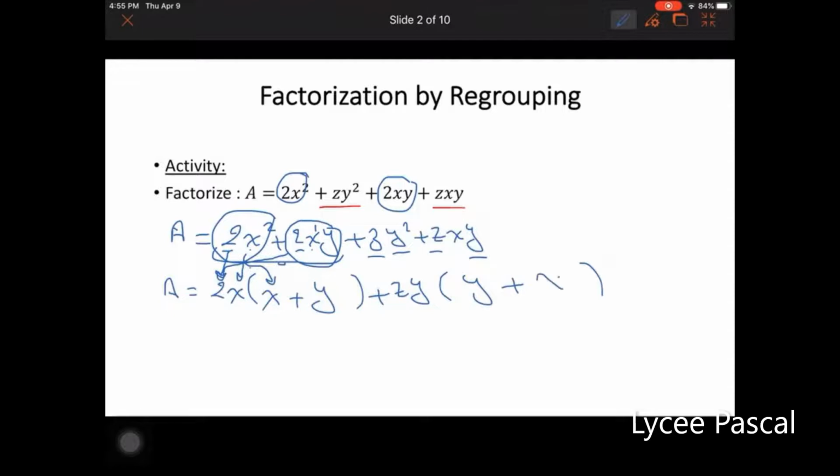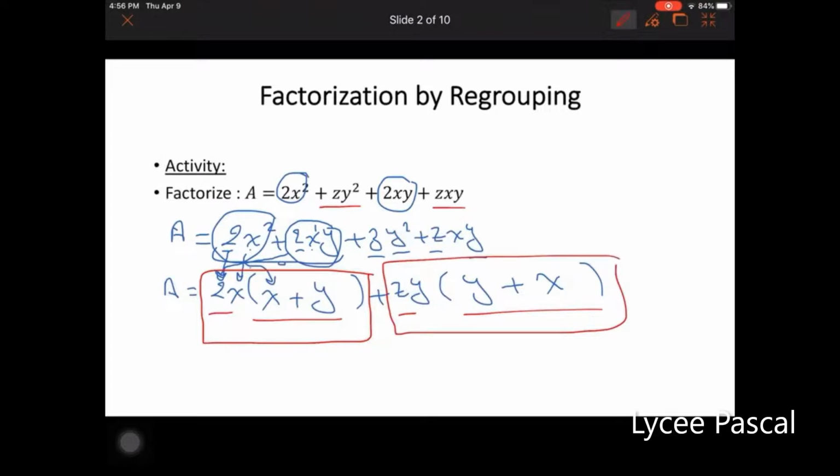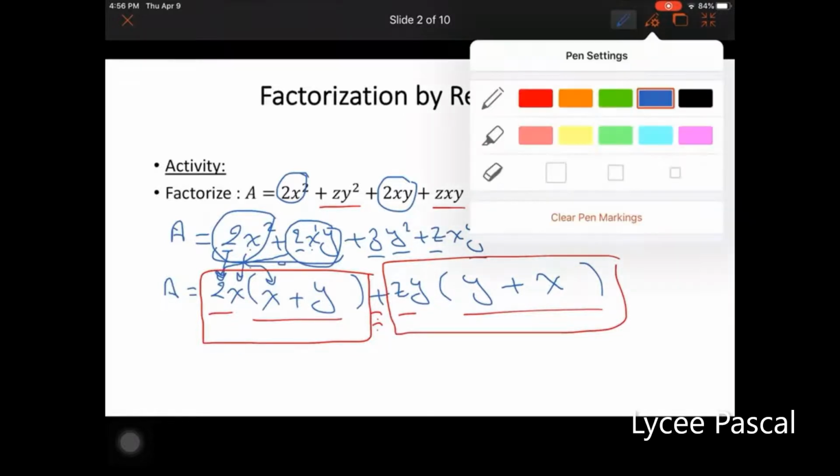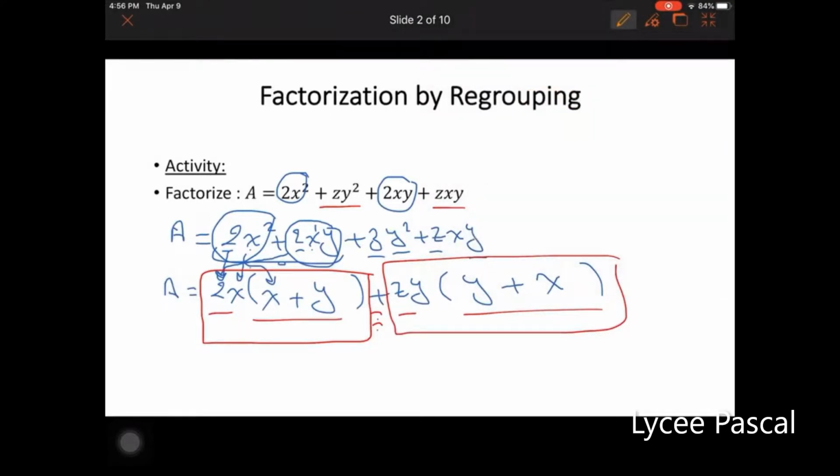Now look carefully, we get a product of two terms, and here a product of two terms, so they form one term because we have a product. So this is our first block or first term, and this is our second block separated by this plus here. So between the two blocks we have a common factor, which is y plus x.